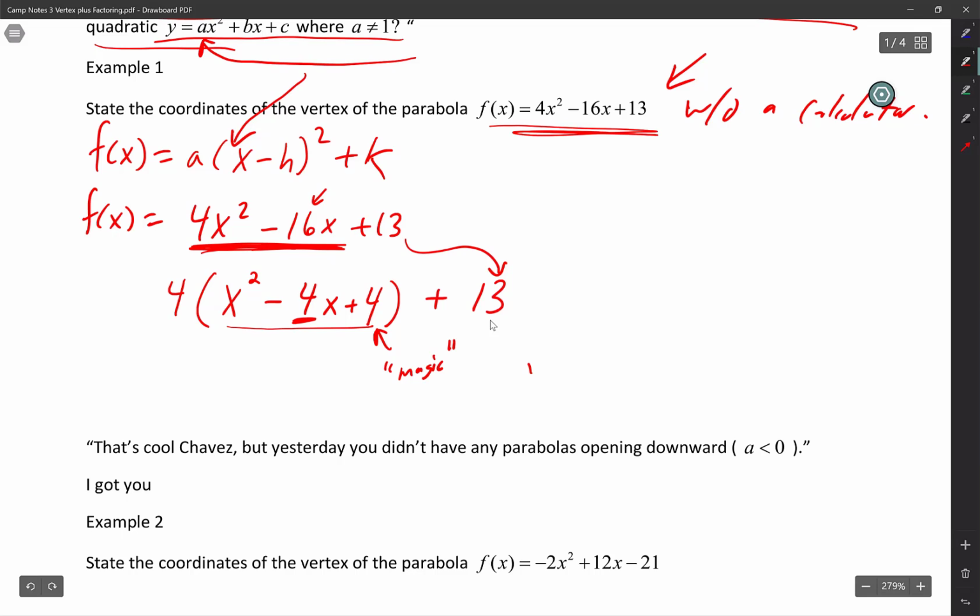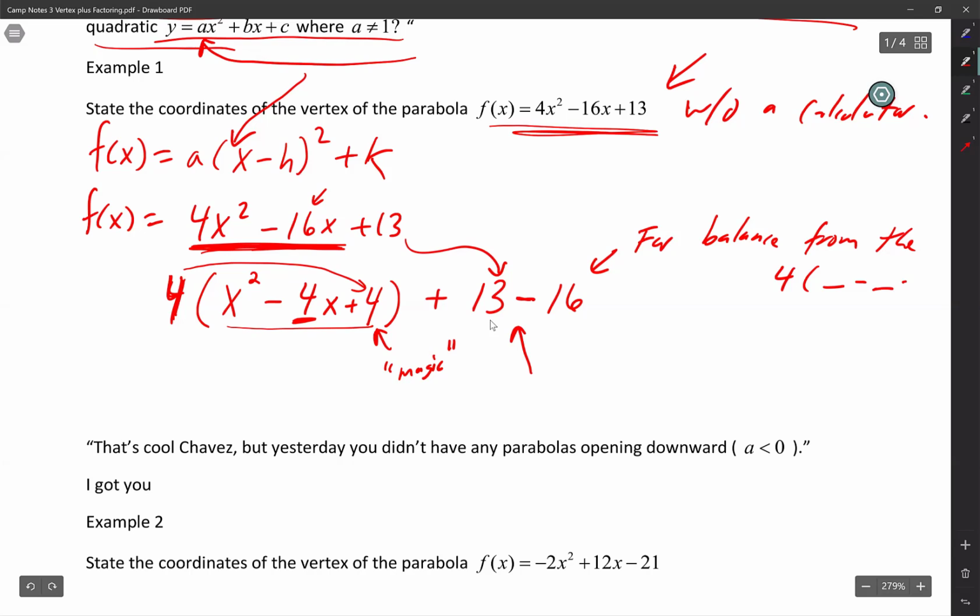Now, I'm not going to put a minus 4 here, because notice you have a 4 on the outside. What you really did was make this heavier by 16. So I'm going to subtract 16 for balance, from the 4 times 4.